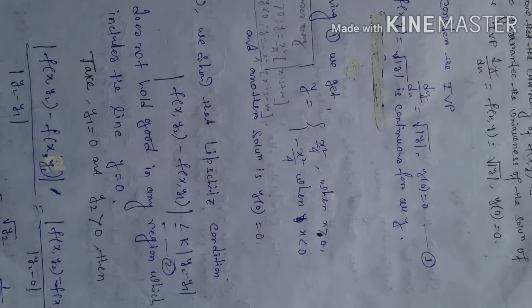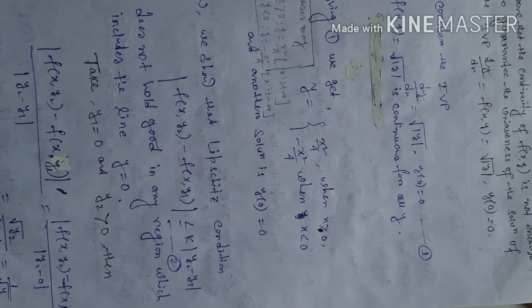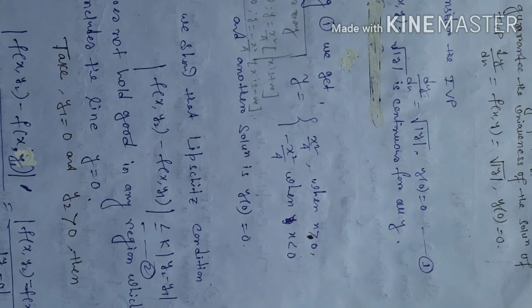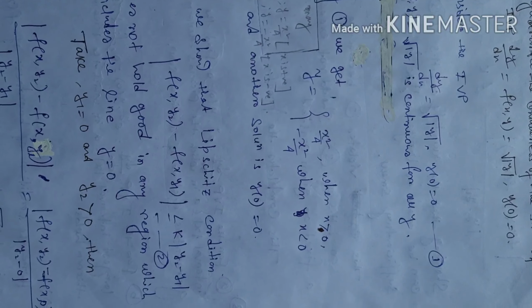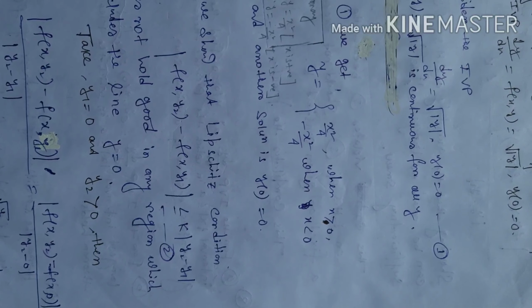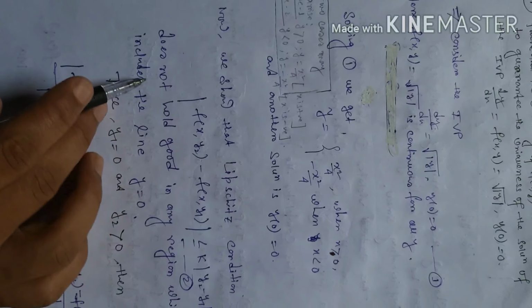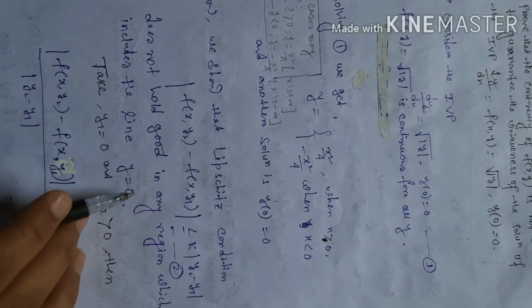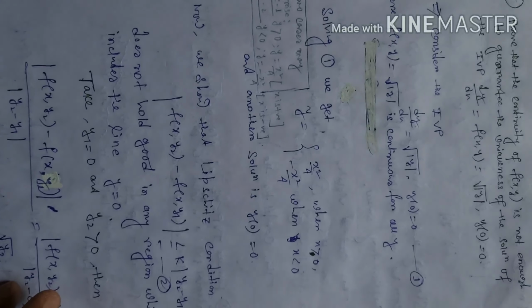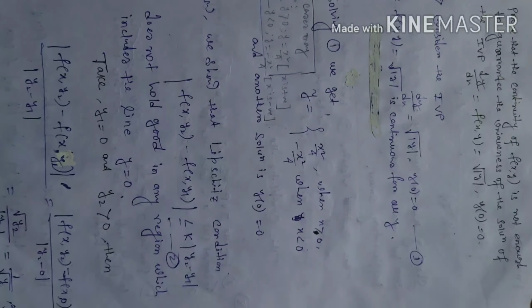Now we show that the Lipschitz condition, that is |f(x,y2) - f(x,y1)| ≤ k|y2 - y1|, equation number 2, does not hold good in any region which includes the line y = 0.